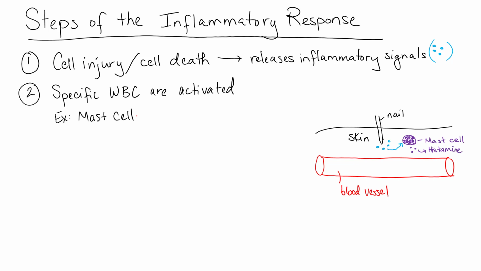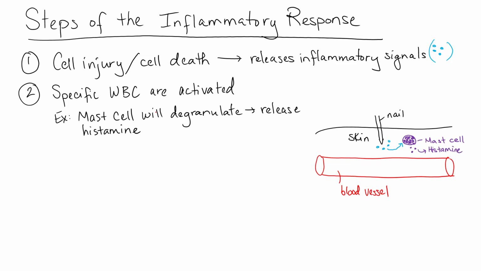But the mast cells underneath the skin will degranulate, and when they degranulate, they're going to release histamine. So the mast cells release the histamine, and now that initiates more of a chain reaction.